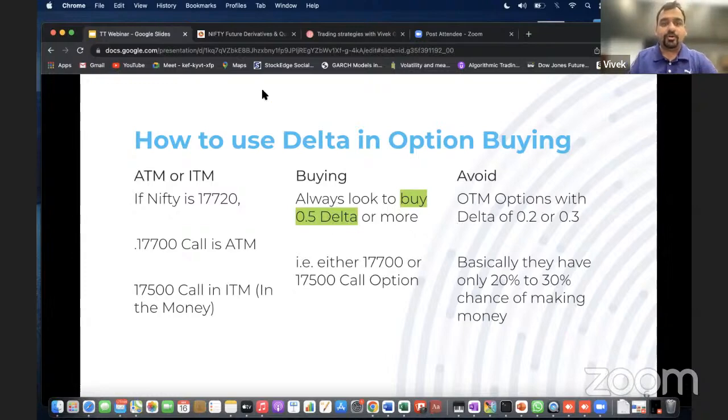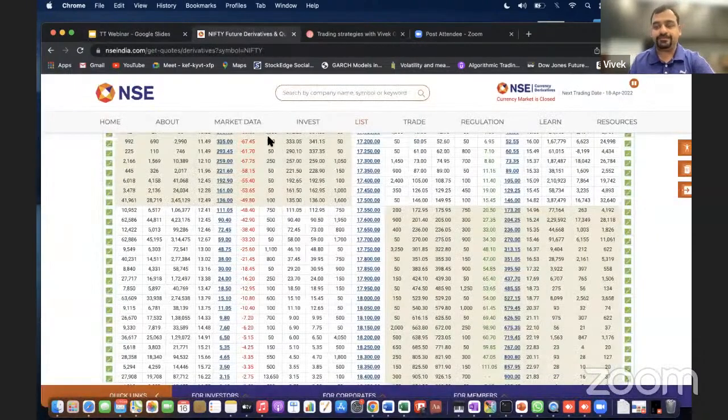So in option buying, what is important is that along with what strike you're buying, it also depends on how probable that move is likely to happen.